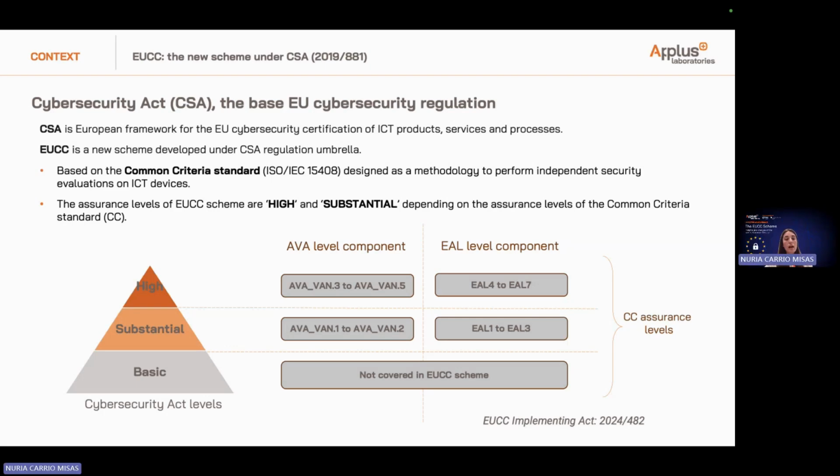And there's a clear mapping between the Common Criteria and these CSA levels. When I say Common Criteria, I mean the EAL level components. That means that EAL1 and EAL2 will be mapped to the substantial level, while EAL3 to EAL5 will be mapped to the high level, okay?